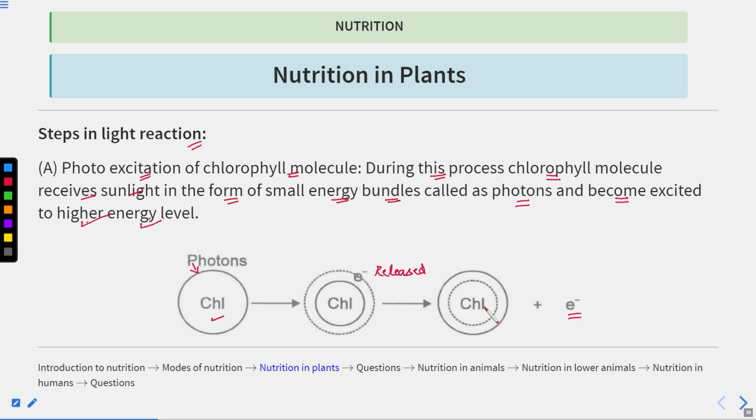The chlorophyll molecule is now said to be in an excited state, which means it has become excited and reached a higher energy level. This happens in the photoexcitation of the chlorophyll molecules.